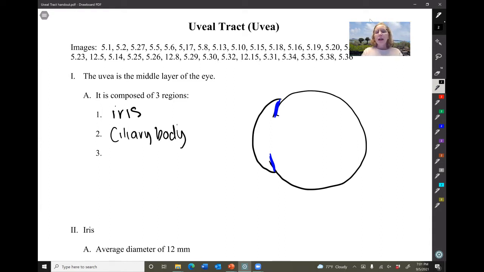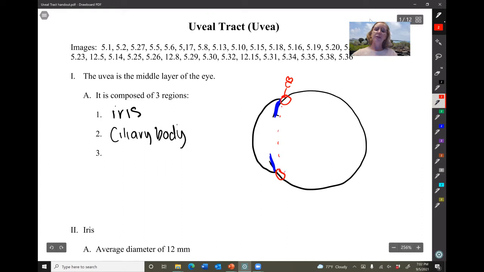The ciliary body is behind the iris, and it's what produces the aqueous, and it controls accommodation. So our ciliary body is in this area, keeping in mind that this is a 3D structure, so it does go all the way around the eye.